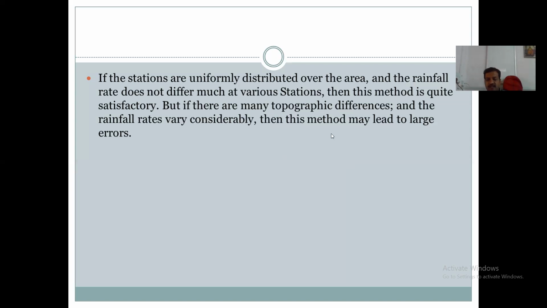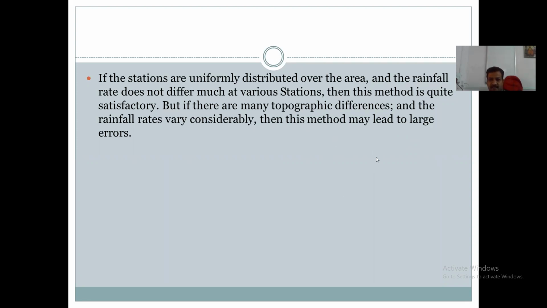And if there is a difference in the levels of the rain gauge stations, then there will be large differences in the rainfall record. So the rainfall record may vary from station to station.